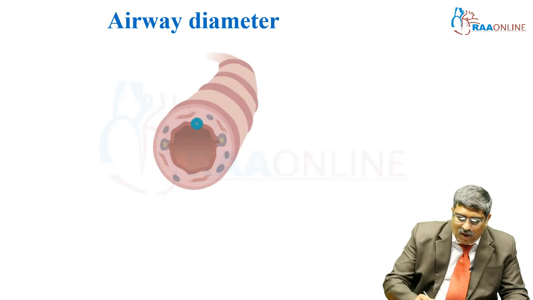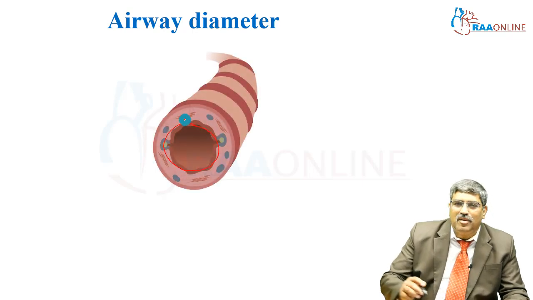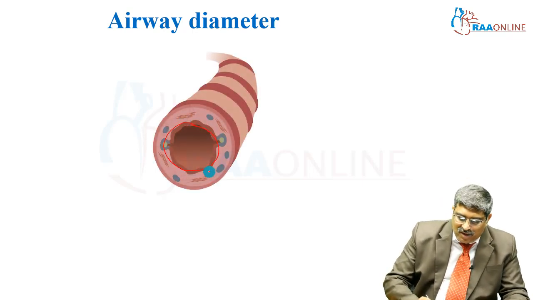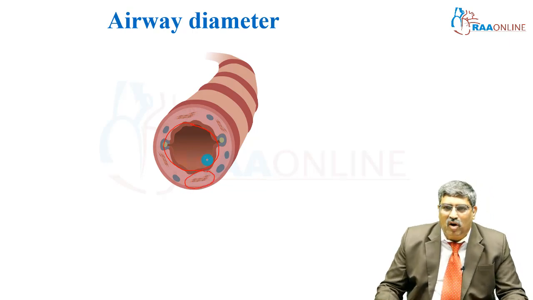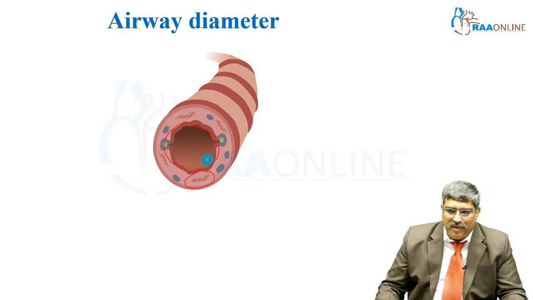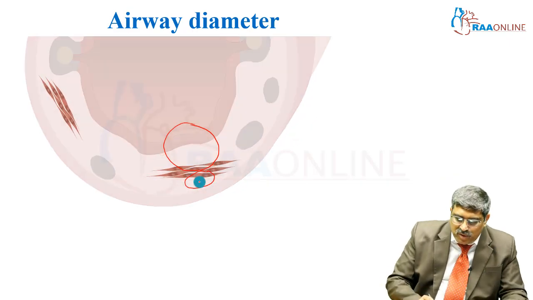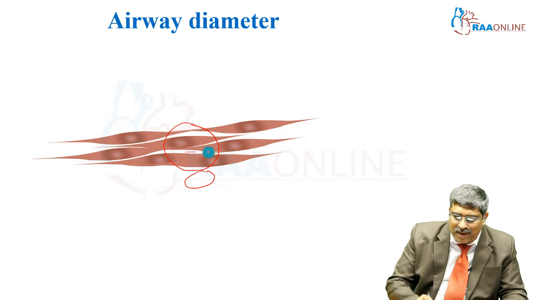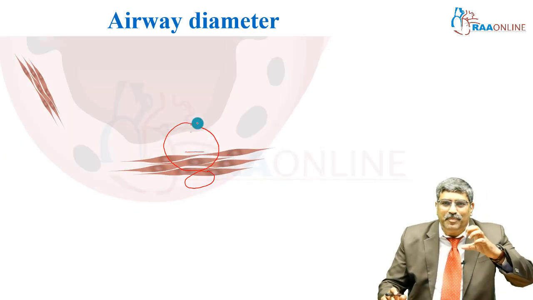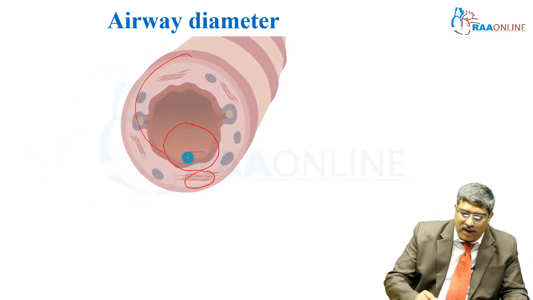This is the normal lumen of the bronchi, and this is the smooth muscle arrangement in normal bronchi. Here you can see on zooming further, the smooth muscles are arranged properly with gaps in between, which maintains the patency of the bronchi.